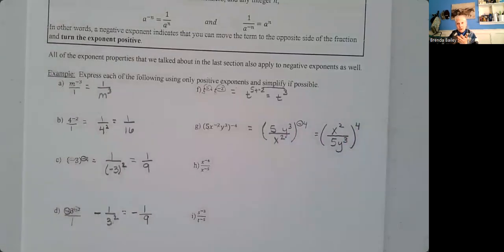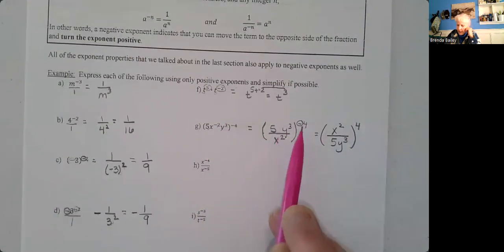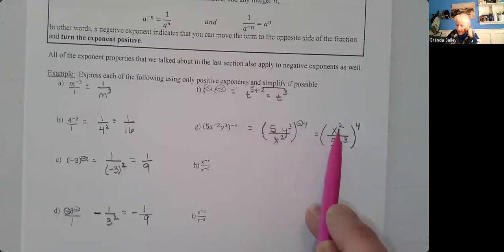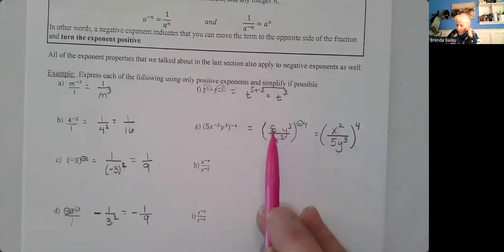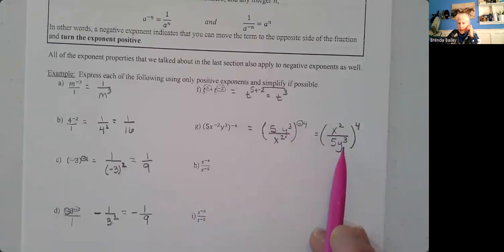It changed the position, numerator to denominator, of everything inside. So I simplified, got rid of my negative exponent. Then I got rid of this negative, because I know that negative changes the position of everything in the parentheses. So the x squared comes up, the 5 and the y cubed go to the denominator.